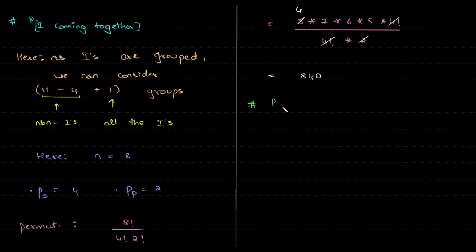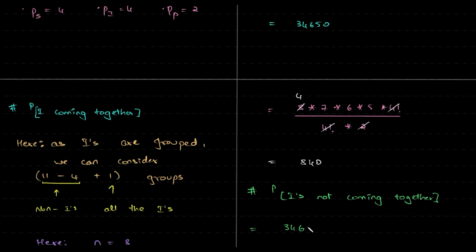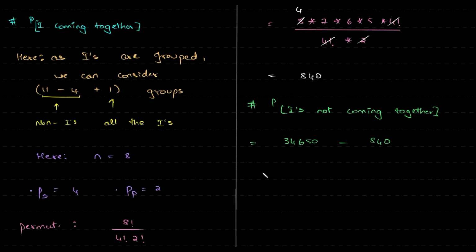And finally, we have all the I's not coming together. This can be answered by subtracting 34650 and 840. So this is simple subtraction. 0, 1, 3, 8. Okay, 8, 3, 3.